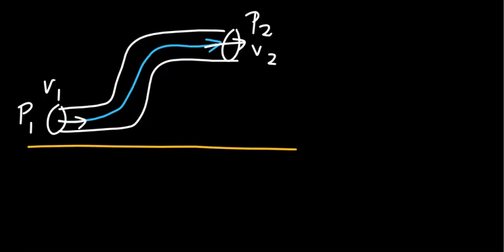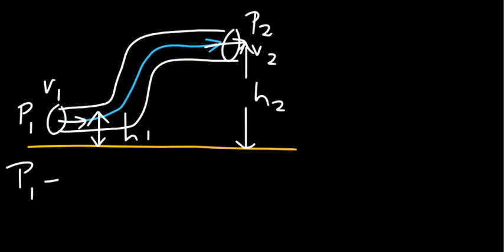So let's assume the pressure at that point is P1, the pressure there is P2, the speed of that fluid at that point is V1, the speed there is V2, and the vertical position of point 1 with respect to ground is, let's say, h1, that is a height, and the vertical position of point 2 with respect to ground is h2. So all these three parameters are related in the following way.